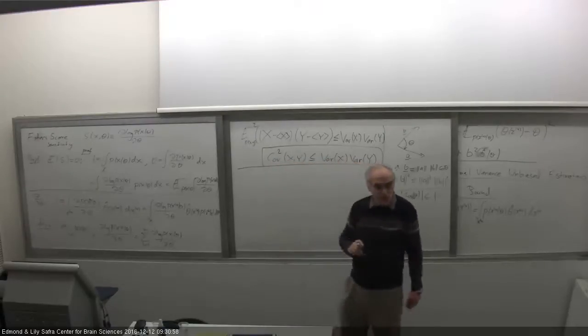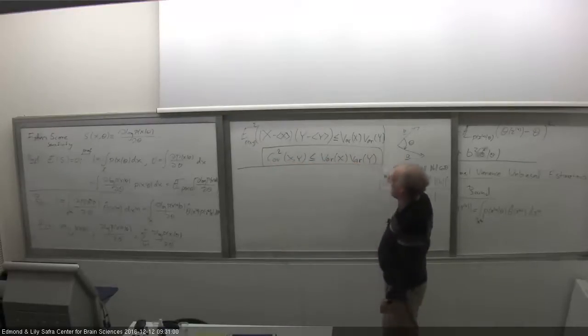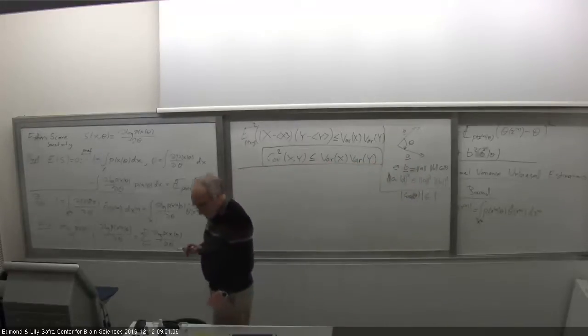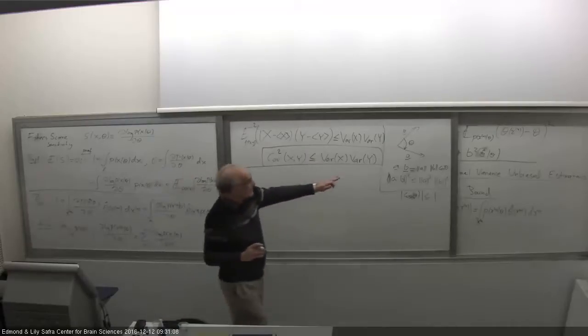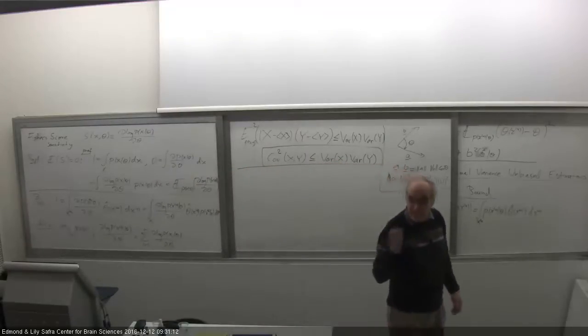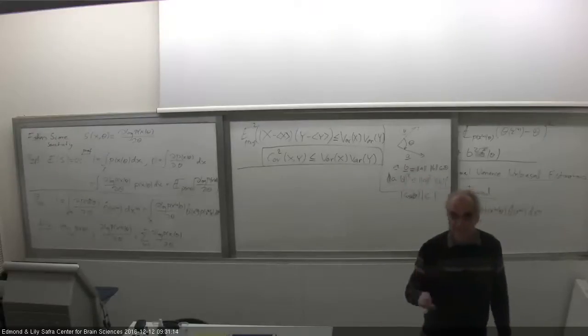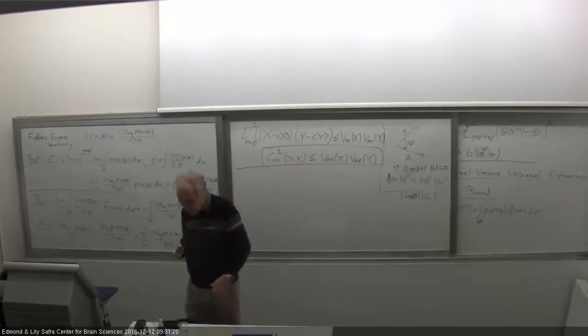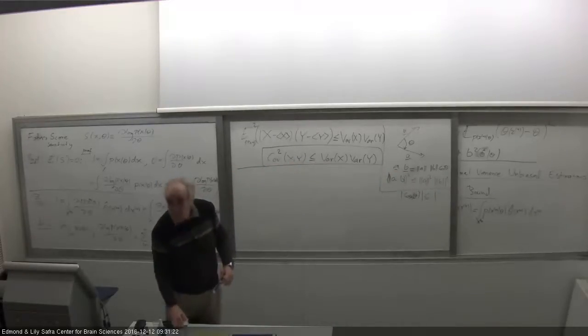Or if you want, the covariance is smaller than the square root of the product of the variances. So it essentially boils down to the same proof. You just average and put it into an expectation and it's still true. Okay, so I'm going to assume that you know that, and if you don't, you can verify it yourself very easily.